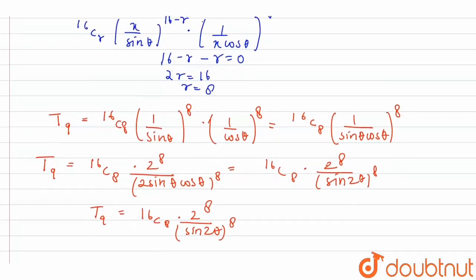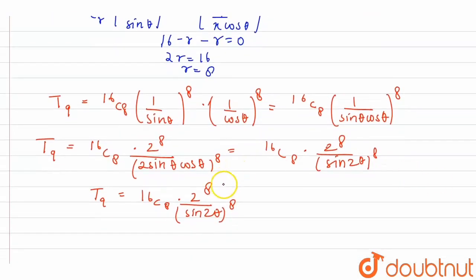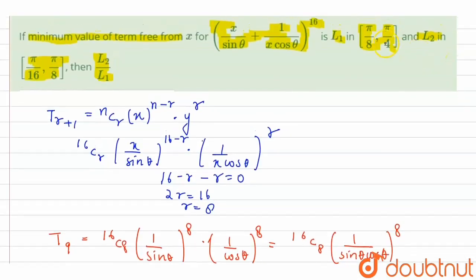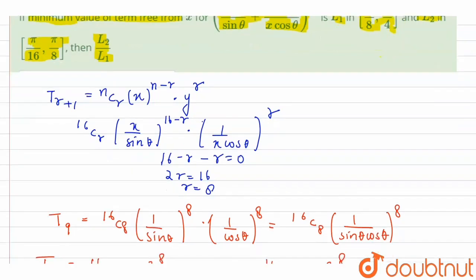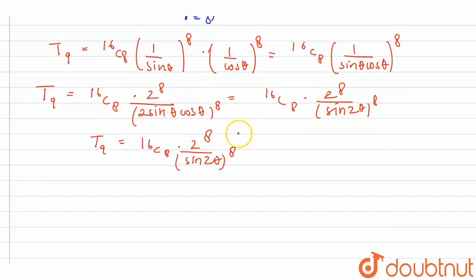If you want to minimize this term, we will go for the upper limit of pi by 8 to pi by 4, because sin 2 theta increases in this domain. So we will go for the larger value of theta, that is pi by 4, the upper limit of this interval, because we have to put it in the denominator, and if the denominator increases, then this term as a whole will decrease.